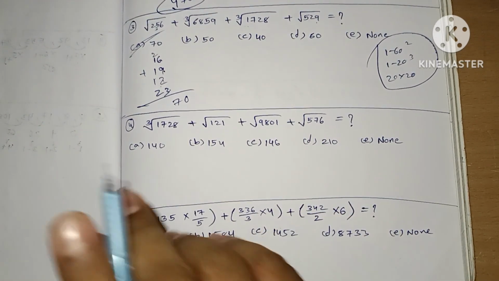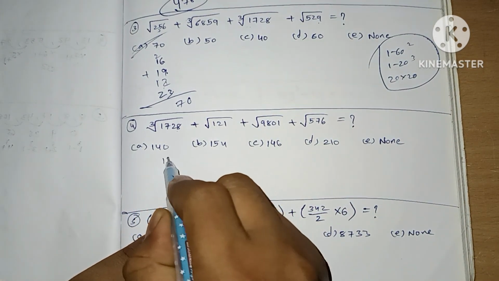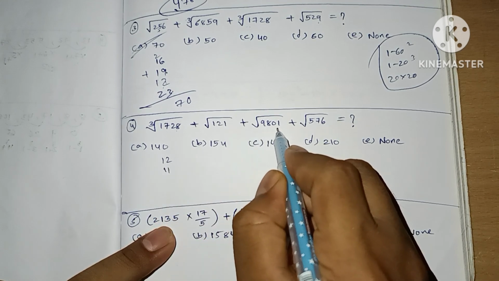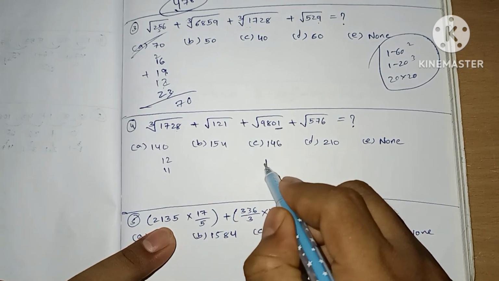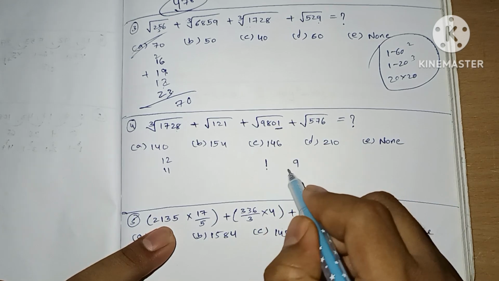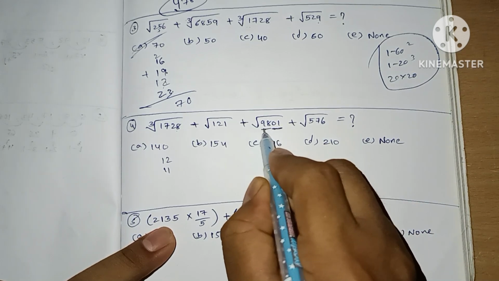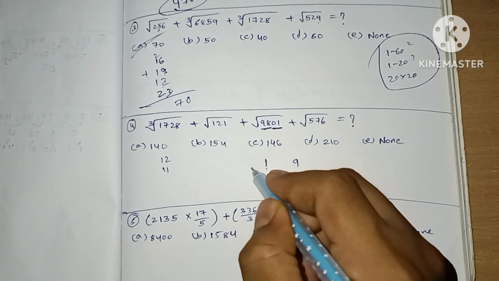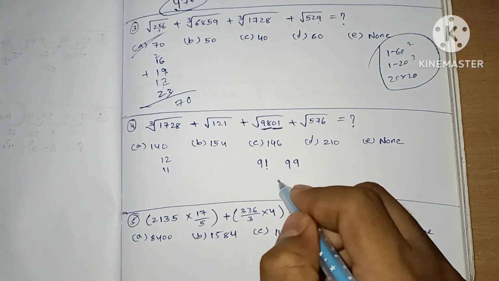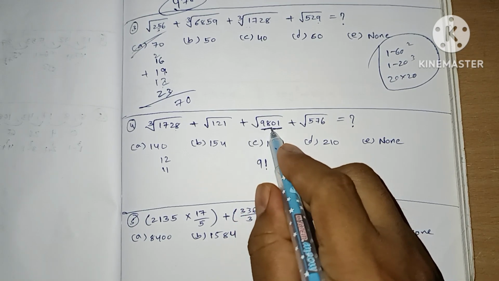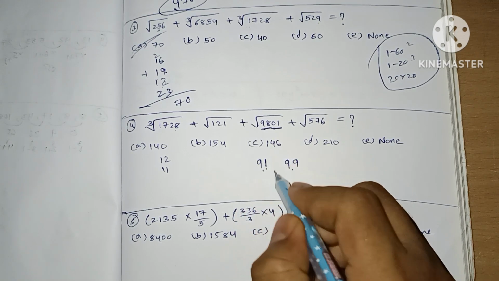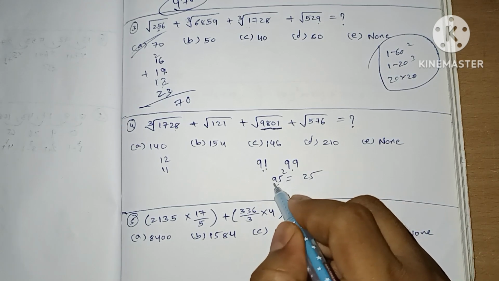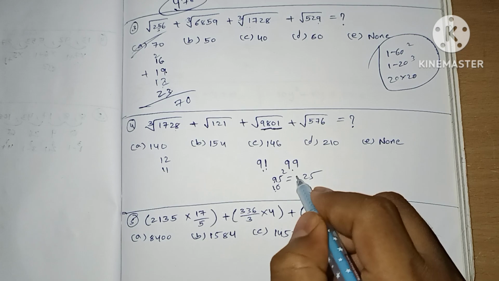Next, fourth question. Here it is 12 cube plus 11 square plus, and here the unit digit is 1, so the unit digit must be 1 or 9. Leaving 2 digits we get 98. 98 means the nearest square will be 9 square, 81. So this must be 91 or 99 square. I know how to find 95 square. 95 square ends with 25. 9 plus 1 10. 9 10 times is 90.